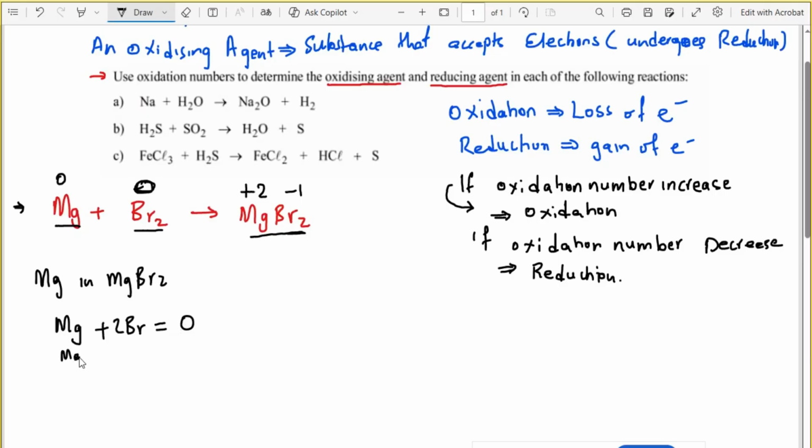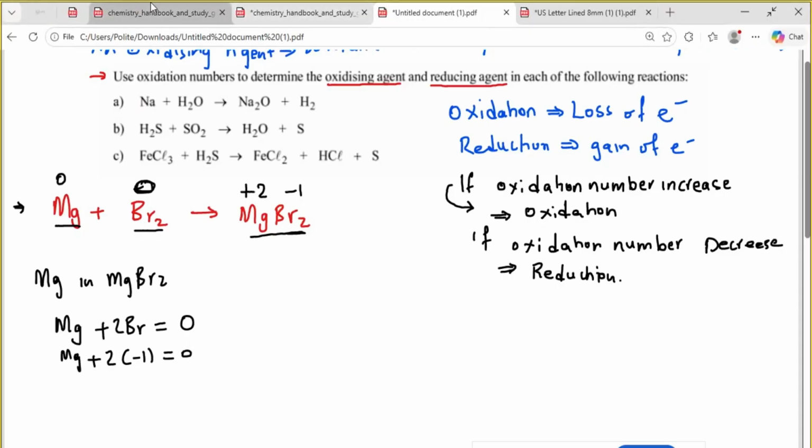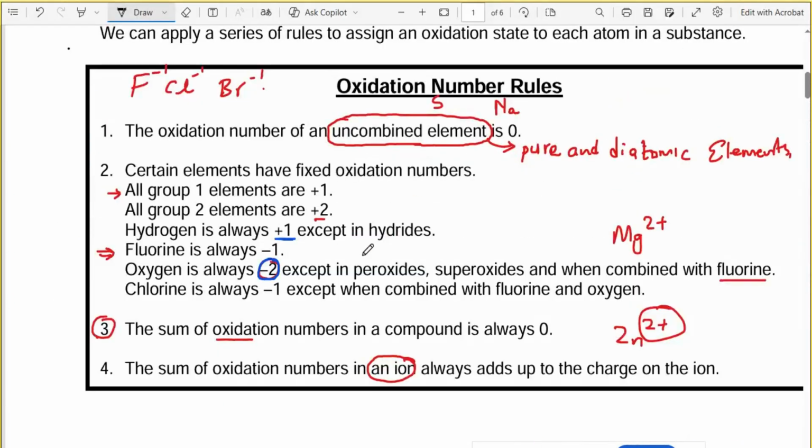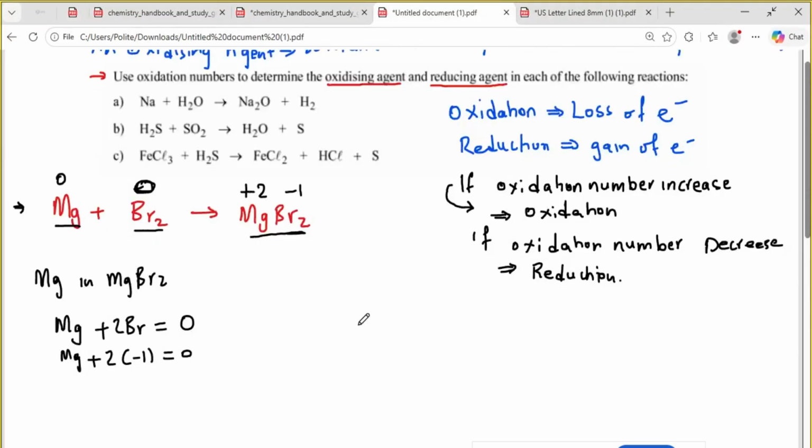So Mg plus 2 of, and we know that bromide is just -1, according to the rules. Or we can check which group it is, but I'll just go to the rules because I don't want to confuse myself. The rules say chlorine is -1, and chlorine is part of the halogens. So all the halogens will have -1. Bromide is also part of the halogens, which will have -1. That's why I'm substituting -1.